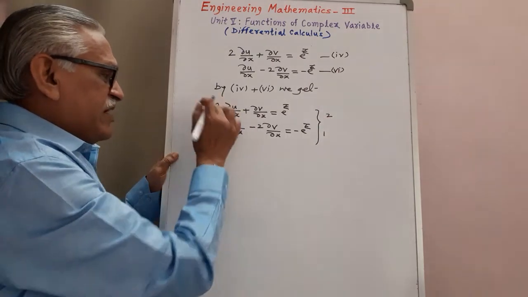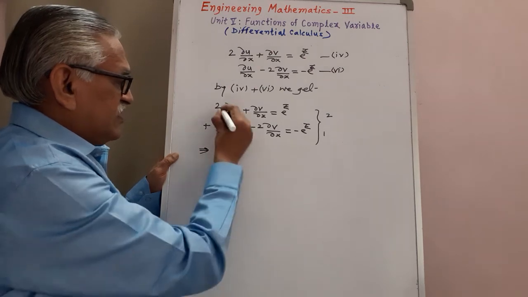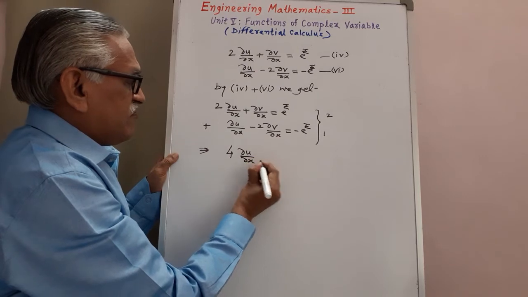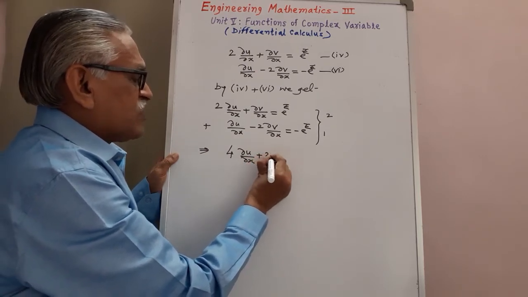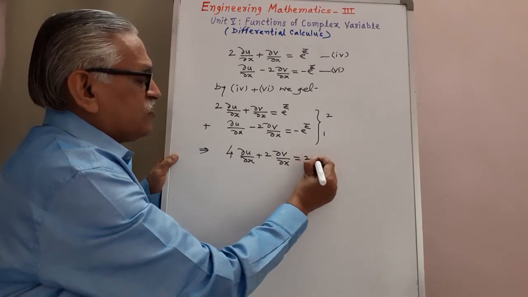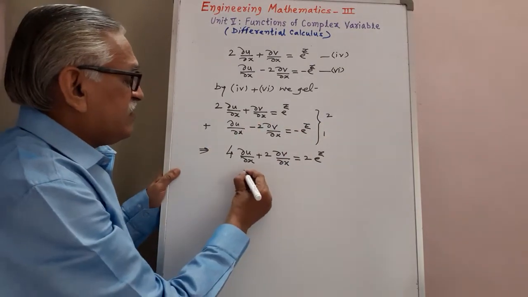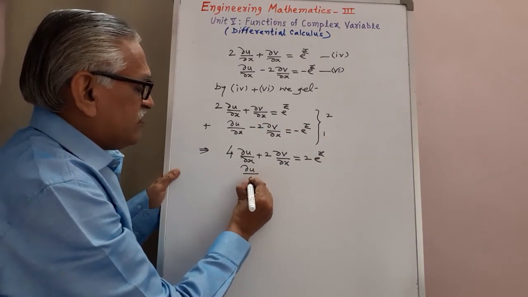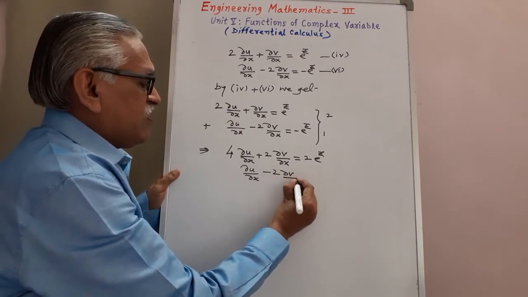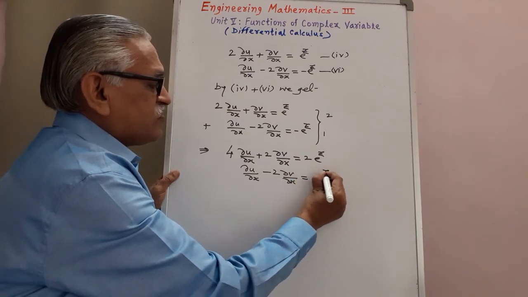Multiplying by 2 throughout, we get 4 times ∂u/∂x plus 2 times ∂v/∂x is equal to 2e^z, and multiplying by 1 we get ∂u/∂x minus 2 times ∂v/∂x is equal to minus e^z.